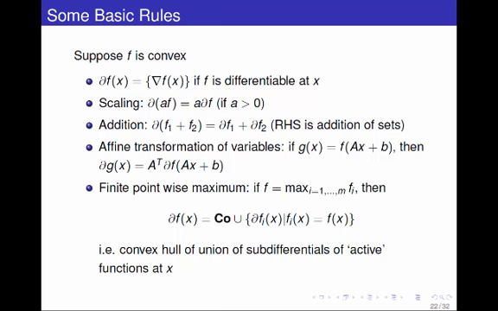So, the absolute value of x is the max of f1 and f2, where f1 is x and f2 is minus x.